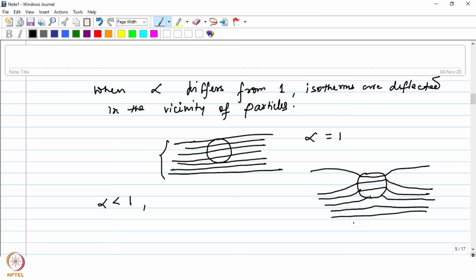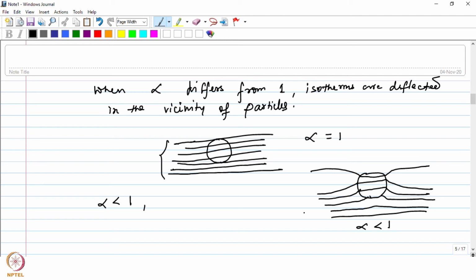Right, so this is how the isotherms will behave when alpha is less than 1. Okay, the isotherms will be deflected in the vicinity of the particles and will be diverging away from the particle.